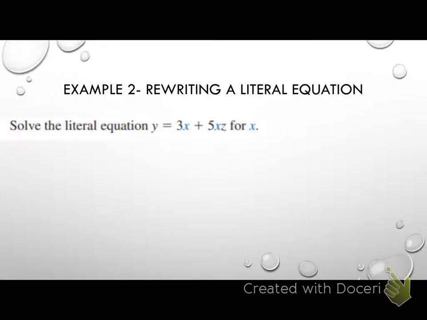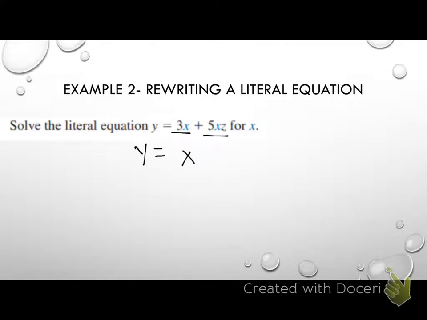Have you guys ever factored out a greatest common factor before? Or do you know what a greatest common factor is? Okay. So that's what we're going to be doing here. We're going to be factoring out a greatest common factor. So what do this term and this term have in common? An x. Is there any number besides 1 that goes into 3 and 5? Nope.